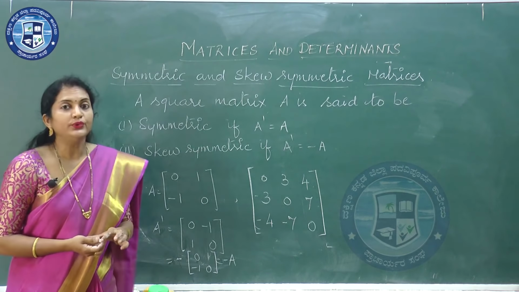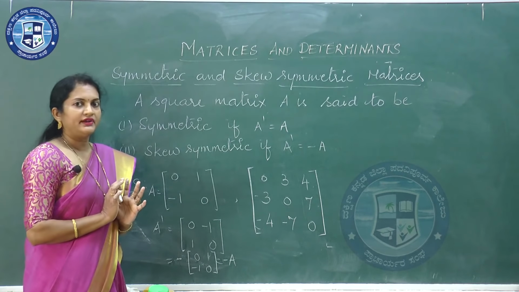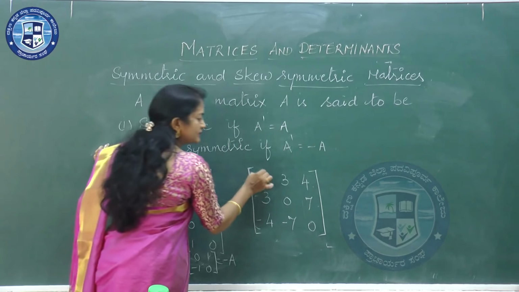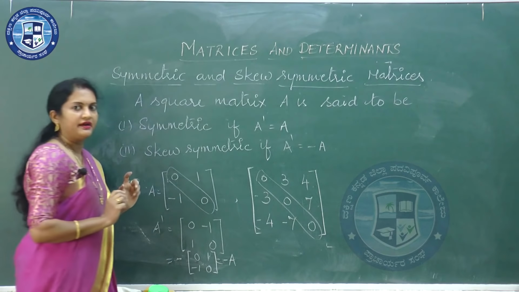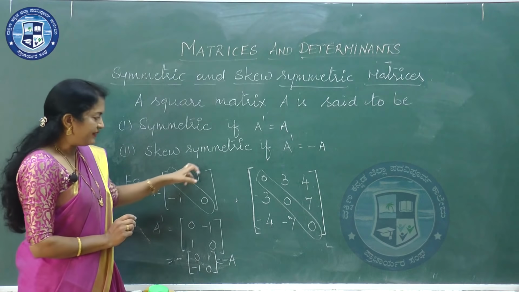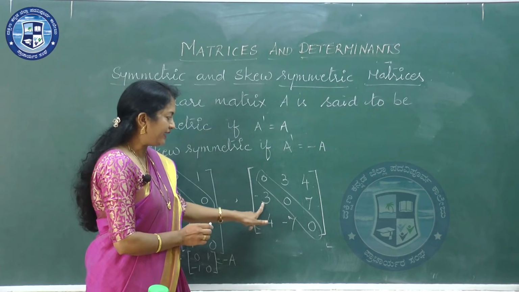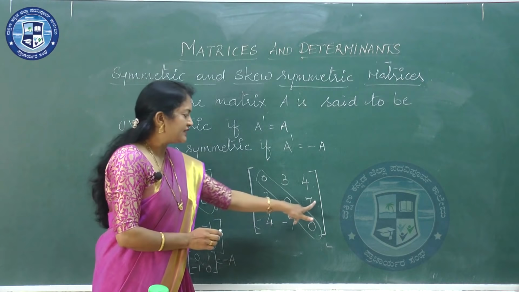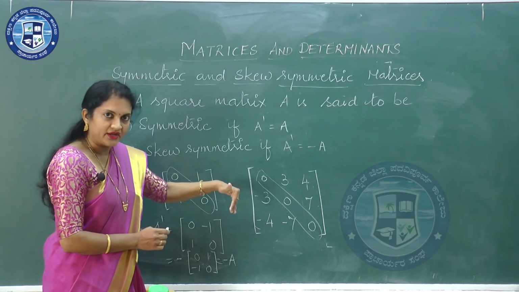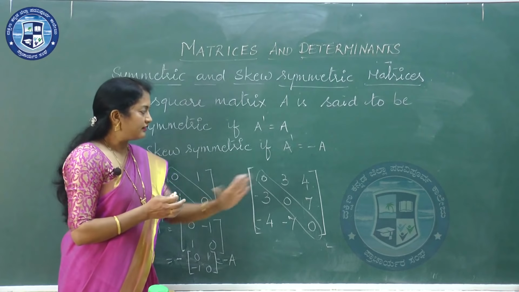Now again, how do you identify a skew symmetric matrix? For a skew symmetric matrix, the diagonal elements must always be zeros. That is the compulsory condition. And the non-diagonal elements, you just observe, 1 minus 1, 3 minus 3, 4 minus 4, 7 minus 7. The non-diagonal elements are symmetric in magnitude but opposite in sign.